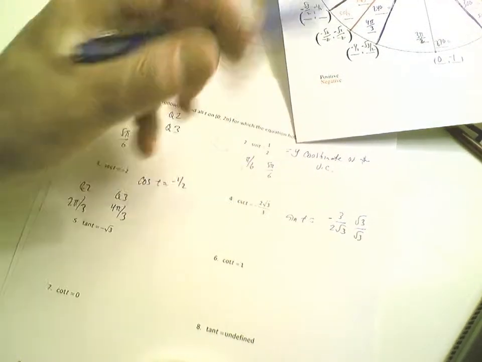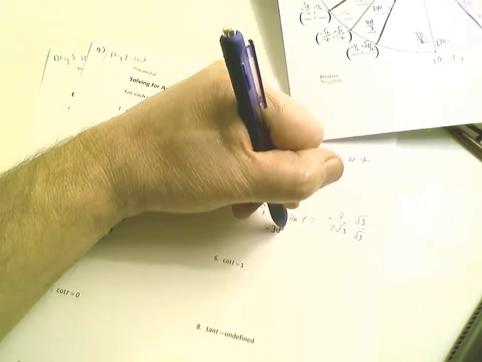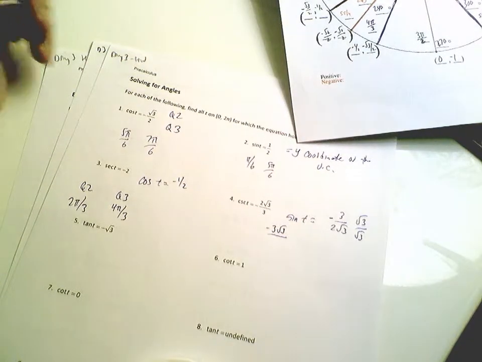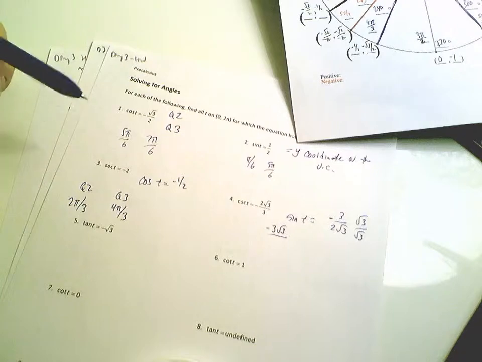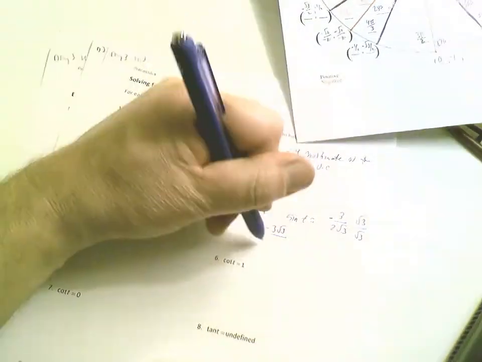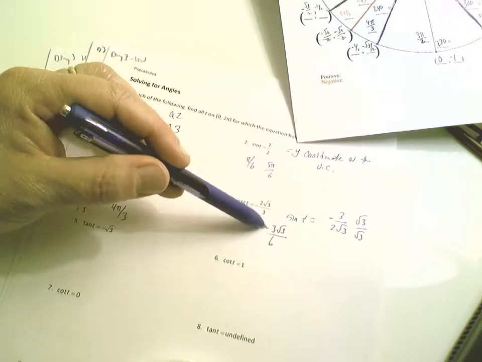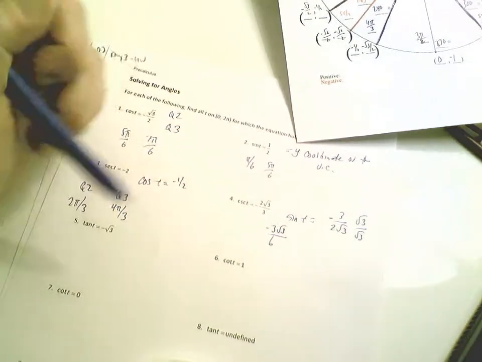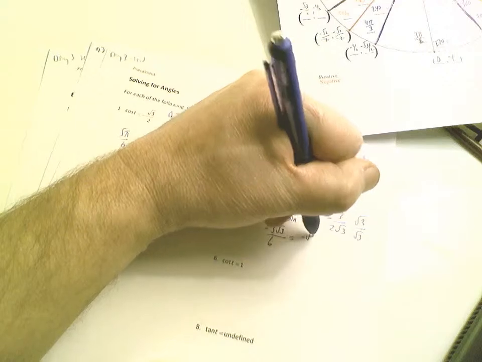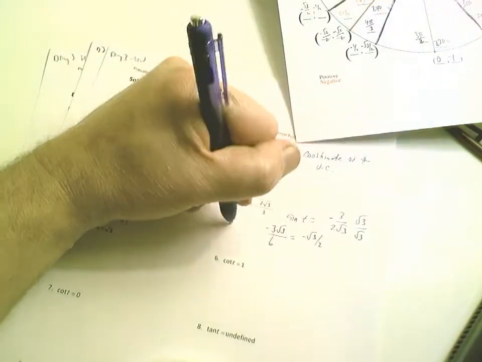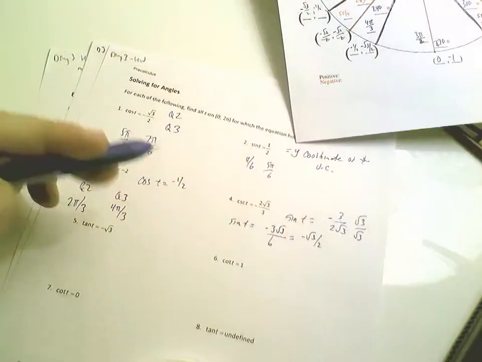We'll walk back into negative 3 root 3 over root 3 times root 3 will become 3, 2 times 3 is 6. I got negative 3 root 3 over 6. I can cancel out at least a 3 in top and bottom. I wind up with the negative square root of 3 over 2. My sine of t equals negative square root of 3 over 2.